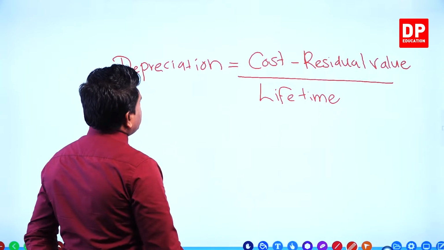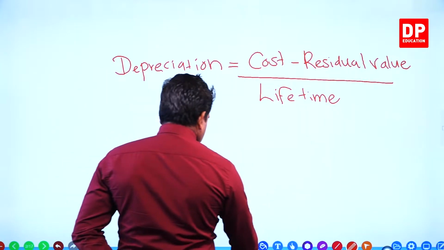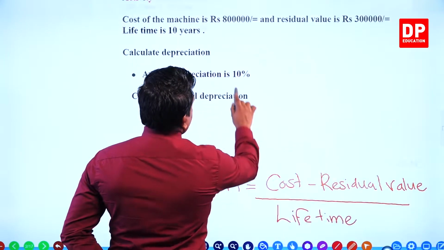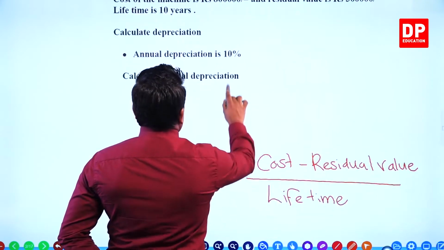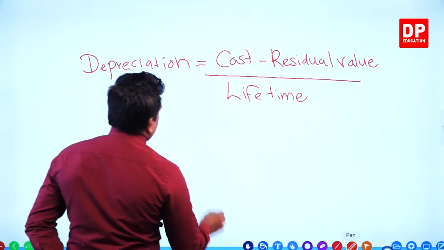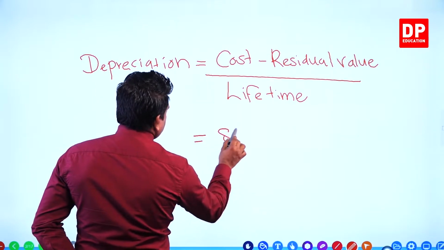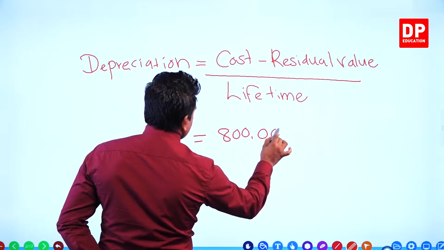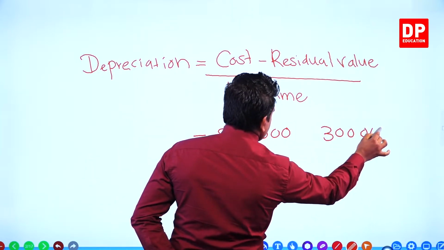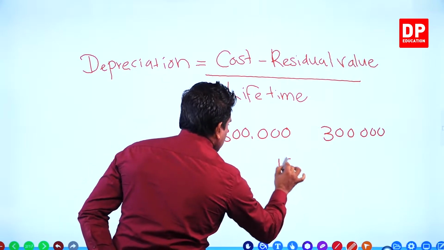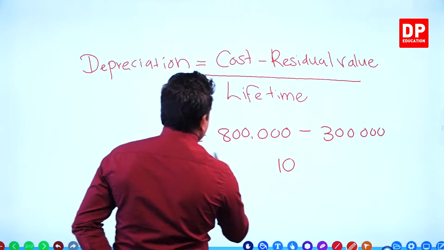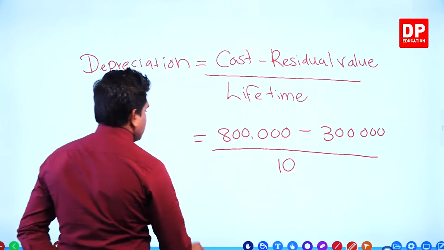Then how much is the cost given? See, the cost is given as 800,000, the residual value 300,000, and the lifetime 10. 800,000 is the cost, minus the residual value of 300,000. The lifetime is 10 years.